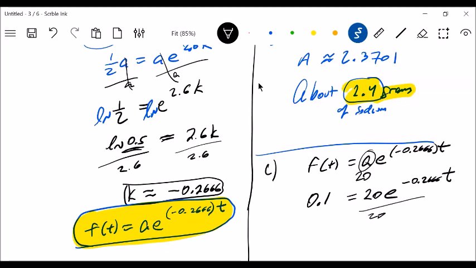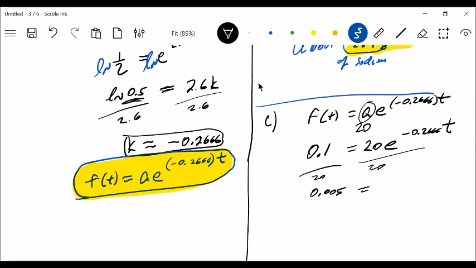So we divide by 20, and that gives us 0.005 equals e to all the stuff up here, negative 0.2, the sixes, and T. T is what we're trying to find. So that means apply natural log to one side and the other, and that cancels out.